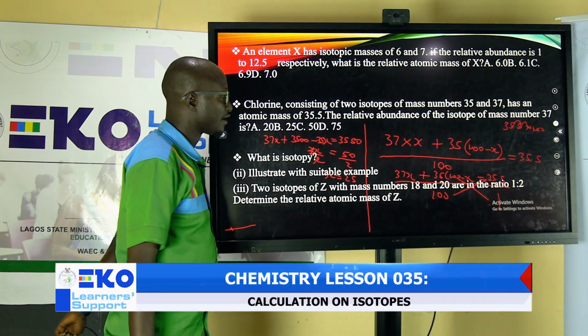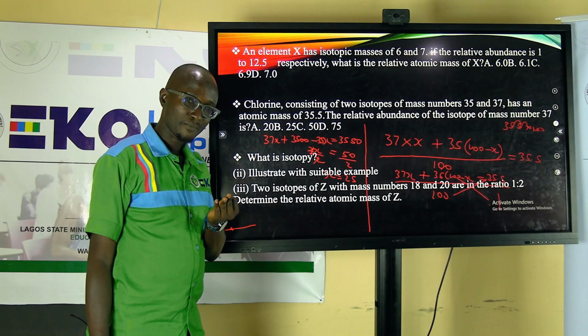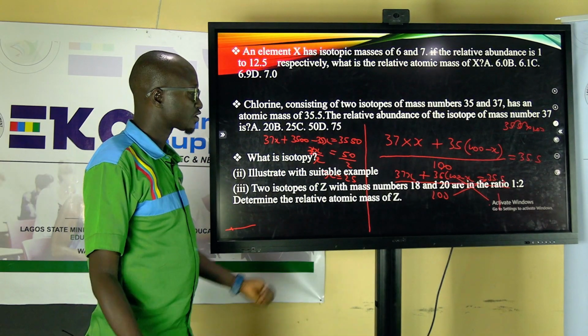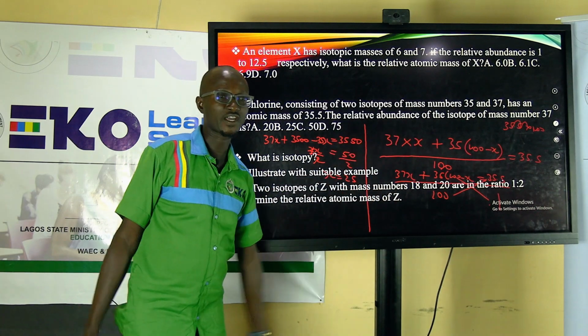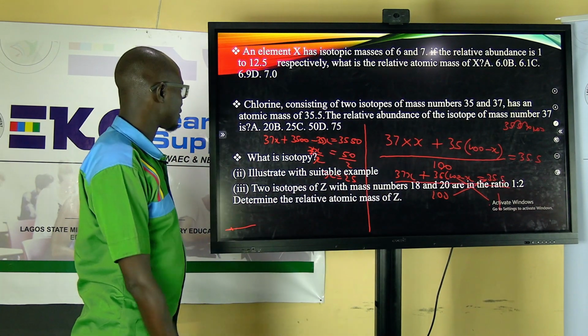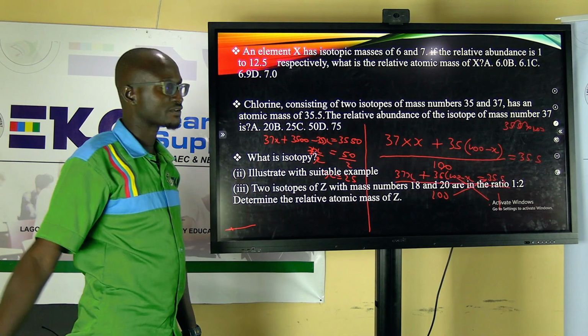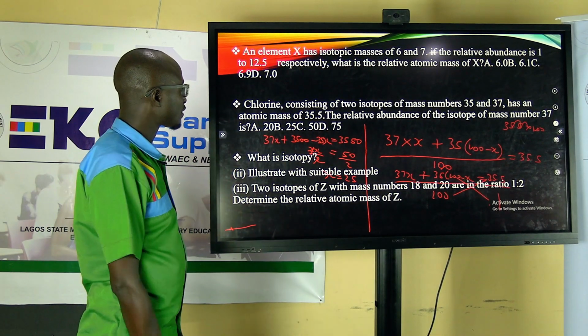While that of 35 will be, yes, very good, 75% abundance. We just need to say 100 minus 25 and we'll get it. So they thought you would not know. They kept 75 there, but they don't know you have been properly taught.